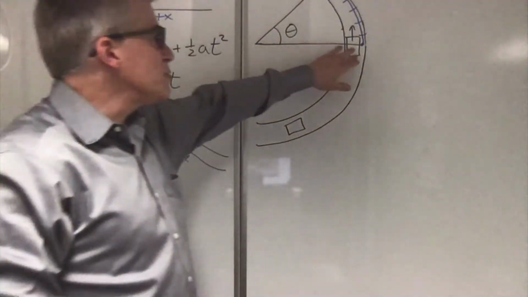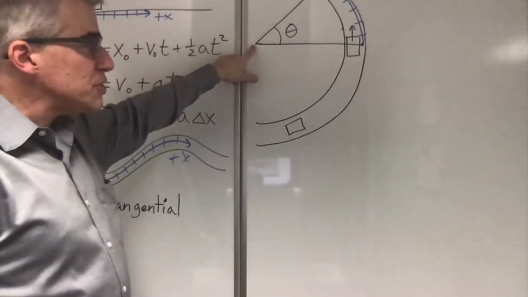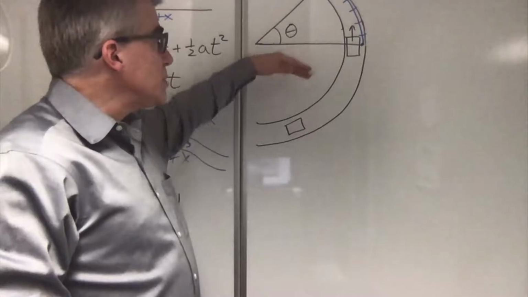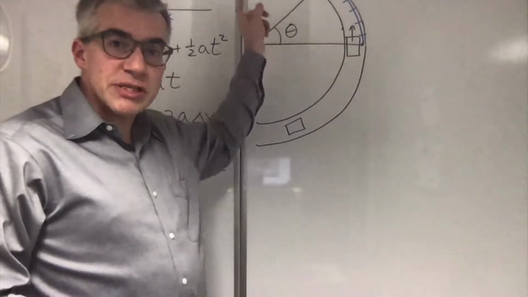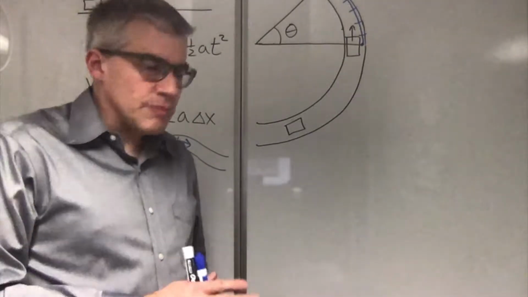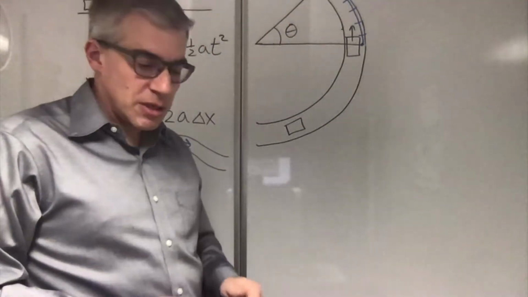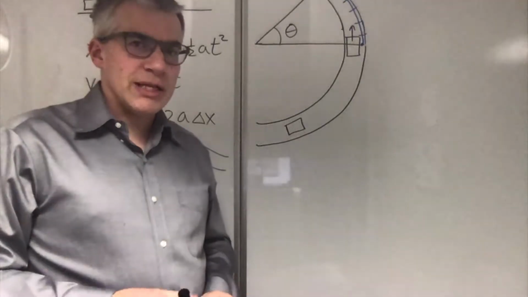So the car's initial position and final position subtend an angle from the center of the circle. What's the relationship between the angle and the tangential distance along the road? Well, it's clear that it's proportional, because if you have twice as much angle, you're going to have twice as much distance. But what's the constant of proportionality?